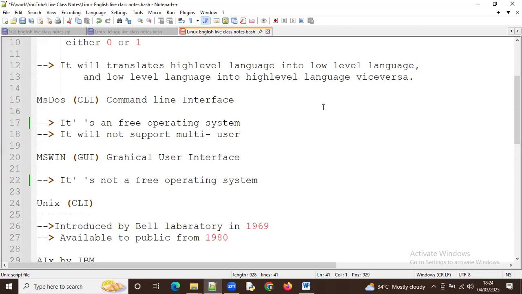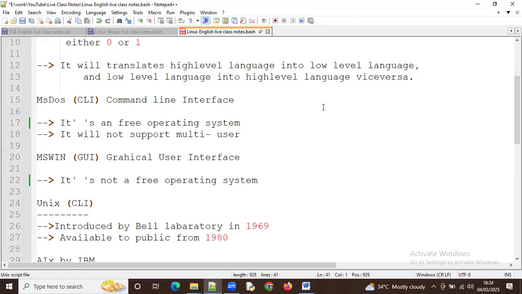And we had also discussed MS DOS, a command line interface. MS DOS means Microsoft Disk Operating System, and it's a free operating system, and it will not support multi-user operations.